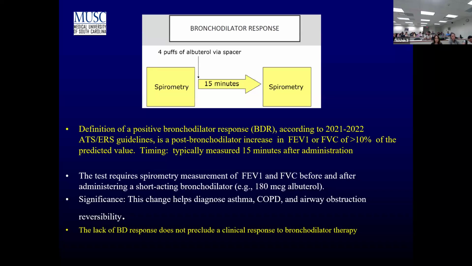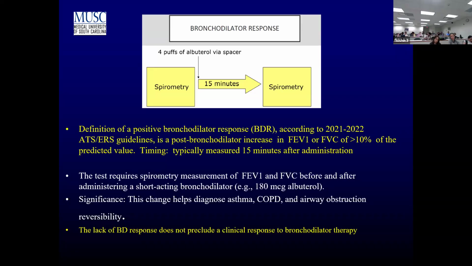Once this test is completed, the therapist will then give the patient a beta agonist, basically to cause bronchodilation, and repeat the maneuver again. You do the test, the patient inhales beta agonist, which causes bronchodilation, and you repeat the testing.